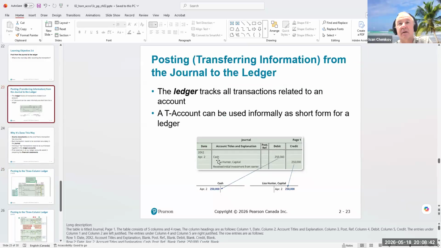So we have here date, account name, and explanation. Post references, it can be account number, or it can be number of transaction or journal entry following the entry number, and debit and credit, which is the amount that has to go to that account.